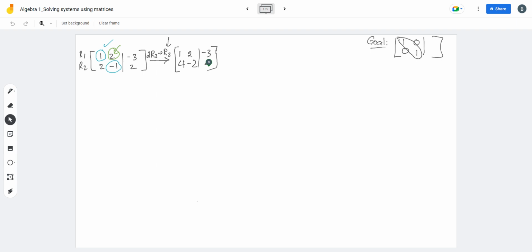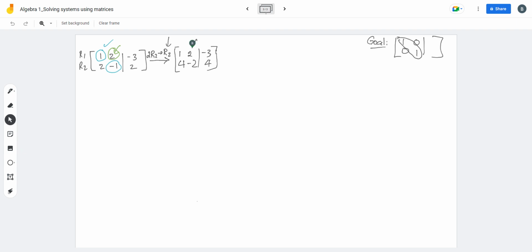There you go. Now if I add these two rows up, then 2 plus minus 2 will be equal to 0.